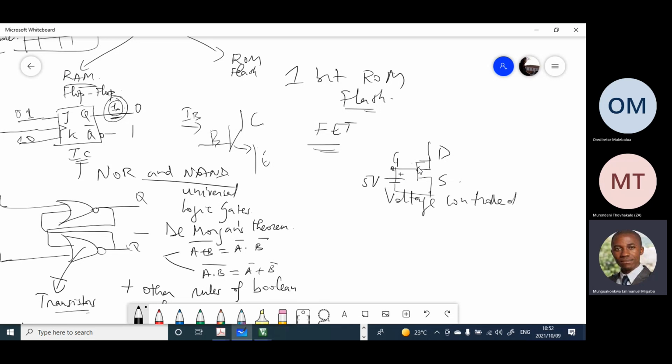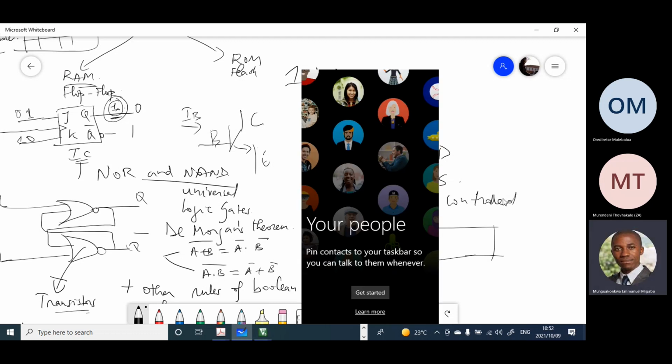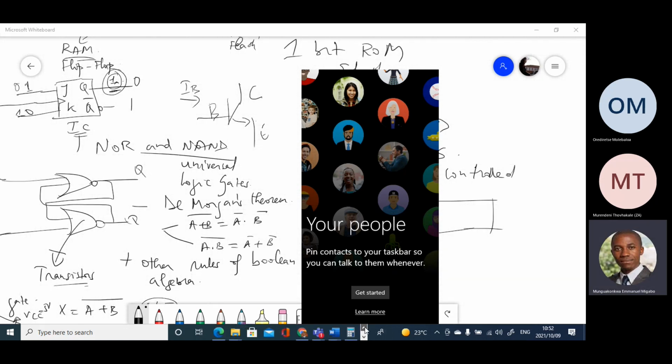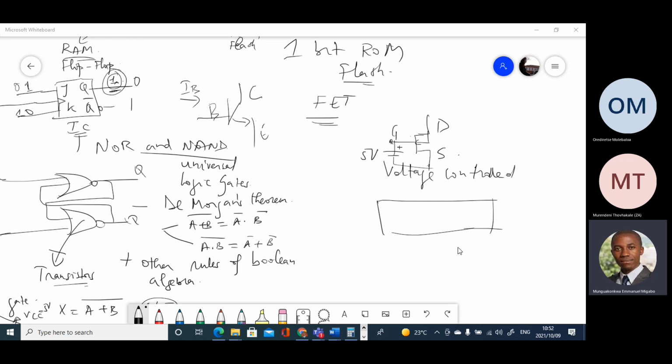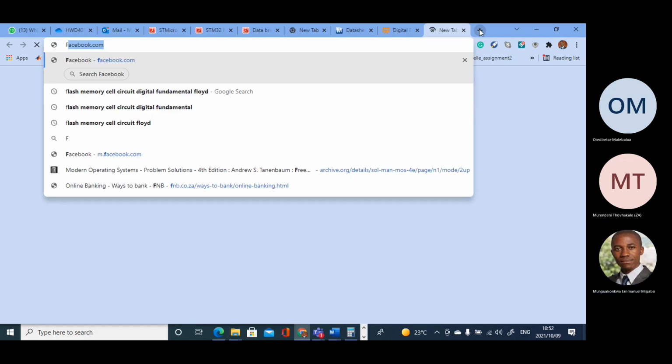For you to understand this, you need to go back to the actual semiconductor design of this FET, which is similar to that of a BJT.